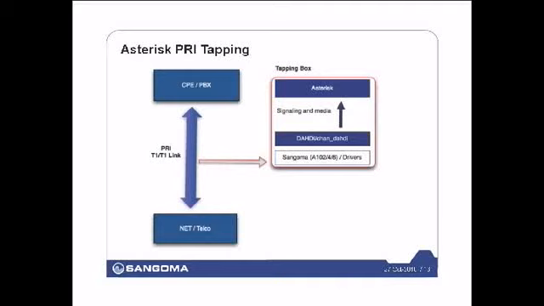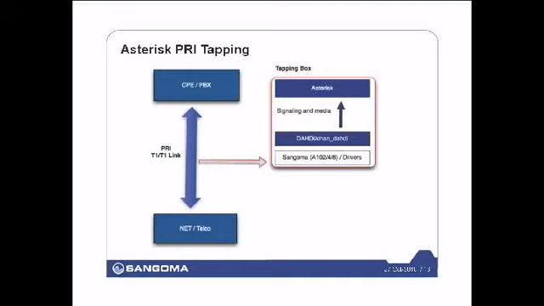But of course, it's much easier to do it with Asterisk, because Asterisk is so extensible and it has so many applications. There is already a huge community out there, so it's much easier just to use Asterisk instead of doing it yourself. That's the reason we wrote this patch for Asterisk, and now Asterisk is capable of just living in that tapping box, and you put Asterisk there.